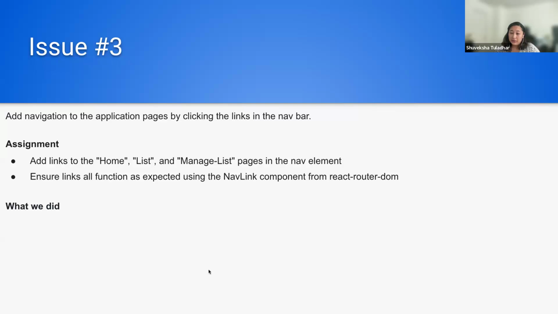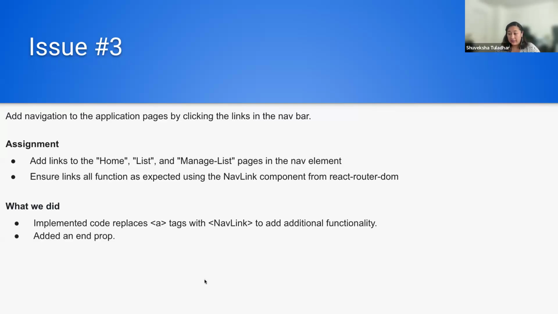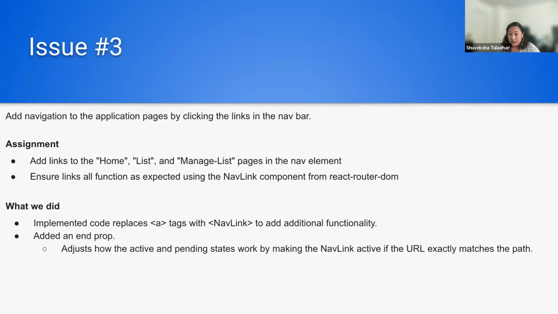So we implemented code that replaces the a tag with NavLink and also added the end prop to it. The end prop adjusts how the active and pending states work by making NavLink active if the URL matches the path, and if the URL doesn't match, it won't be marked as active.